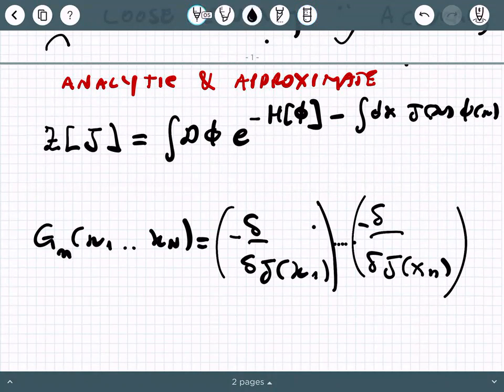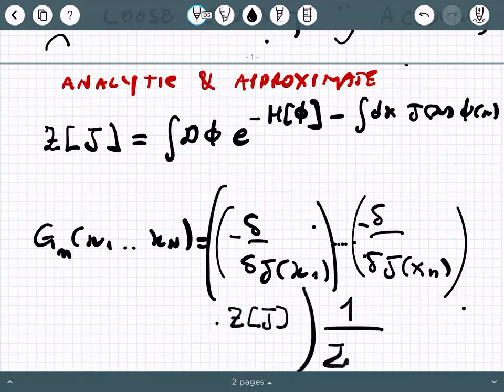And of my generating functional, then you're going to divide by the generating functional and eventually set the source to 0. So if you can evaluate the generating functional, then of course you have evaluated the field theory.